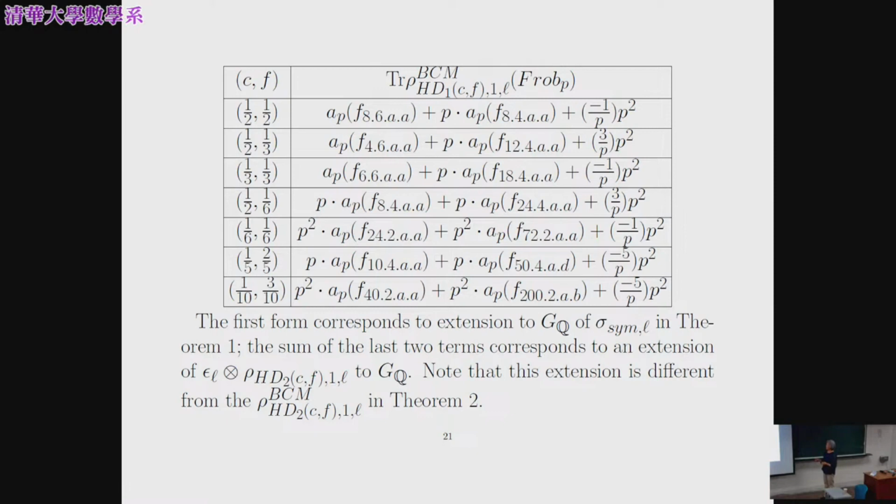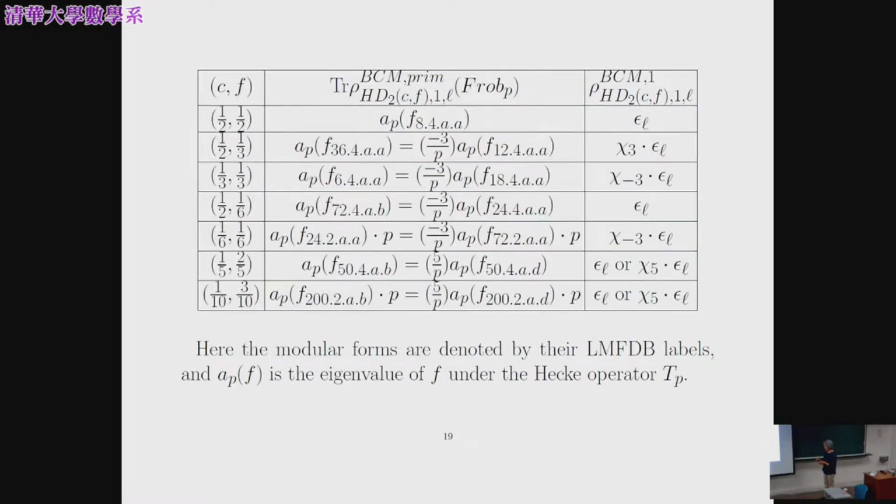But one should notice that when we extend the representation, BCM is one extension, for the piece which comes from the extension of the second datum, the modular form here is not exactly the same as the modular form we chose from the BCM extension for the second datum. Instead, it's coming from the second expression here.